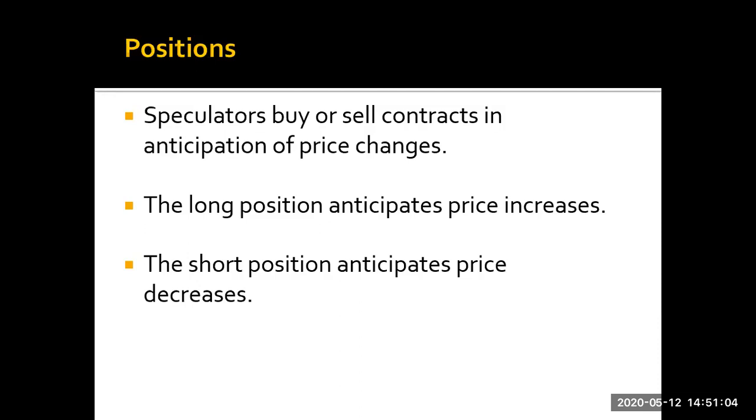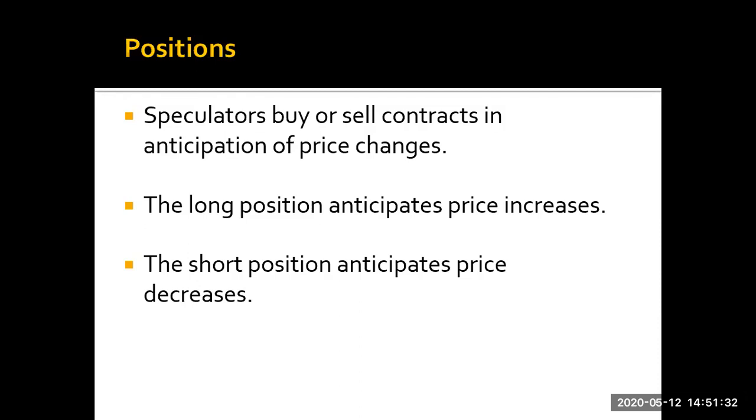On the other hand, the short position anticipates price decreases. So if you think that the price of oil is going to go down, and you can get a barrel of oil 1 year from now for $10, well, you would not want to lock that in. Instead, you might want to sell that barrel of oil to somebody else, thinking that the price of oil will go down.